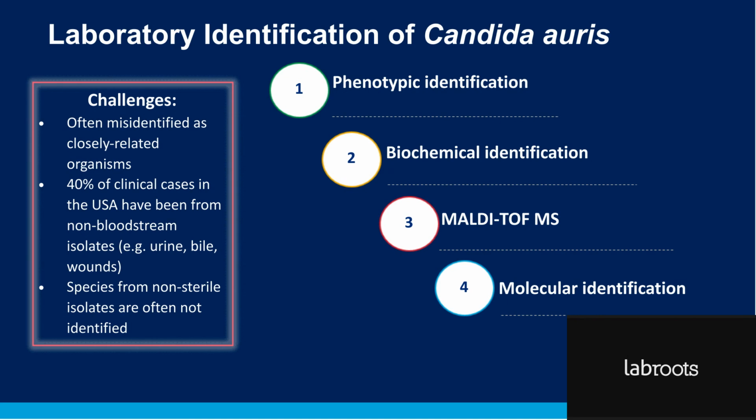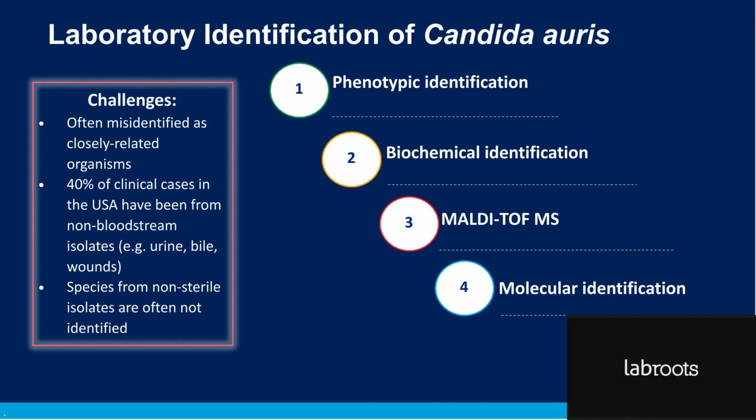In general, laboratories have not been in the practice of speciating Candidas to the species level when they come from non-sterile isolates, so they would basically just be reported as Candida at the genus level only. Obviously, in a healthcare setting that has Candida auris spread, this will need to change, and it's recommended by the CDC.